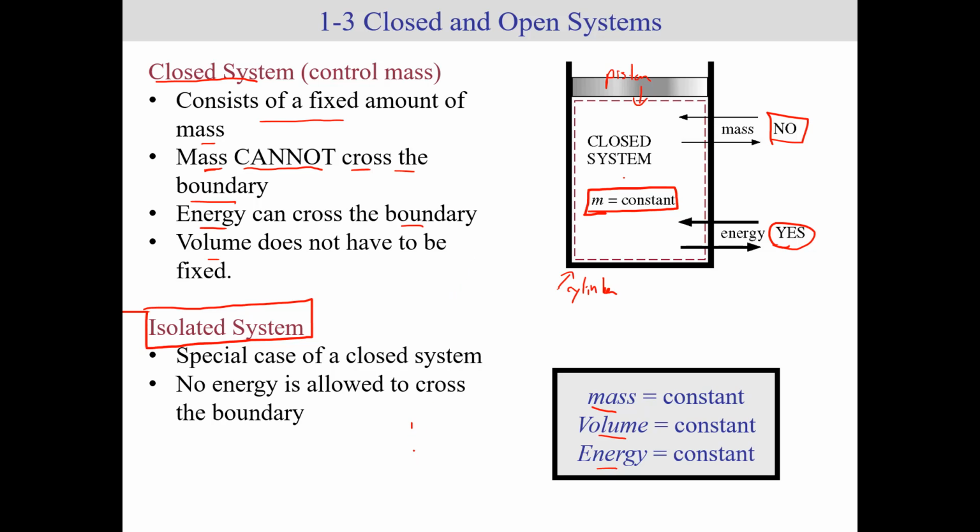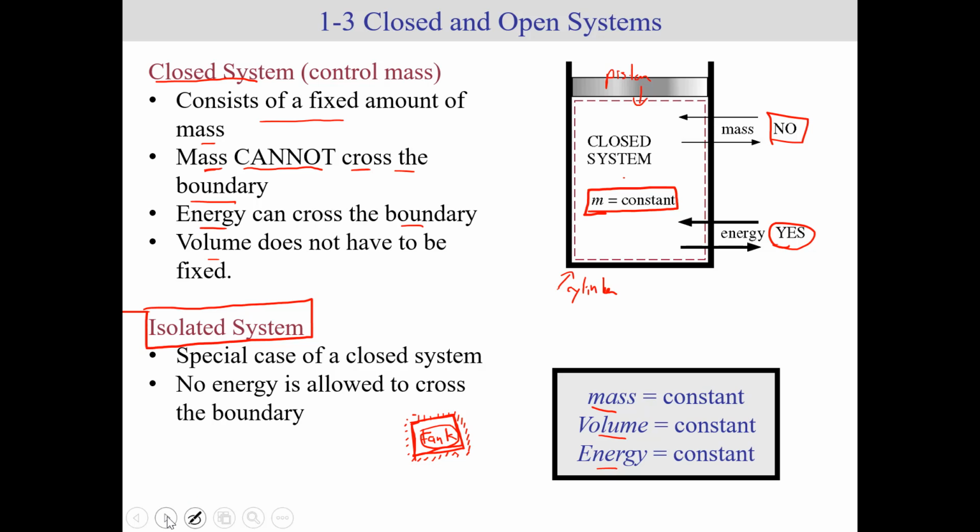For example, if I have a tank that is insulated. These little slash marks are my notation for insulated. If it's perfectly insulated, there's no heat crossing it. The tank has a fixed volume and a fixed mass and there's no work being done on the tank. This would be an example of an isolated system.